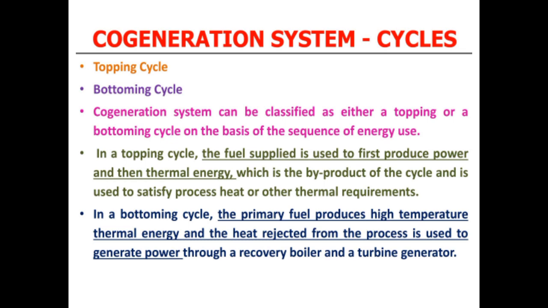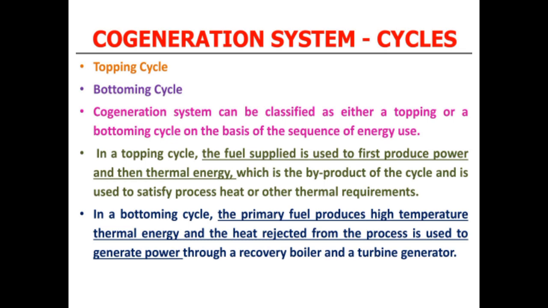So PF and HF, we have a shortcut to easily remember. Power first: when the cycle is producing the power first, we call it topping cycle. When the cycle is producing heat first, that means thermal energy first, we call it bottoming cycle.